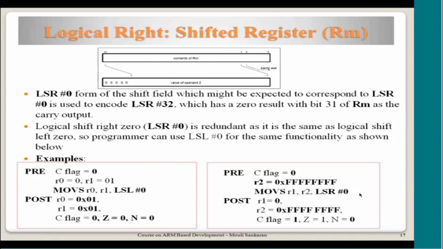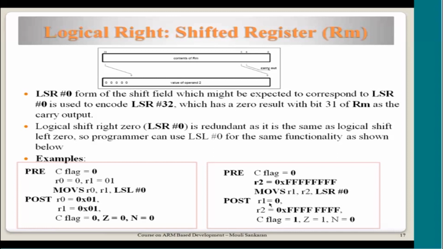Now take an example. Suppose R2 was filled with all ones, and then I am calling MOVS R1, R2, LSR 0. For a simple programmer, it may look like I am not doing anything, no shift operation, shift 0, and I am supposed to get R2 in R1, but you are not going to get it. It is internally performing a 32-bit right shift, and it will fill all the values that were ones with zeros.